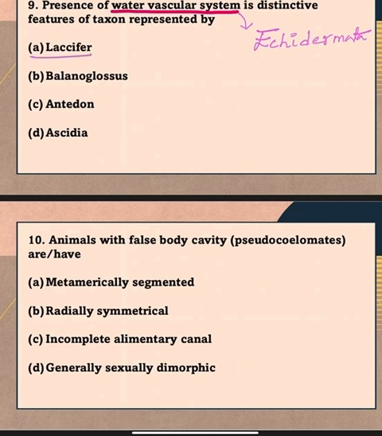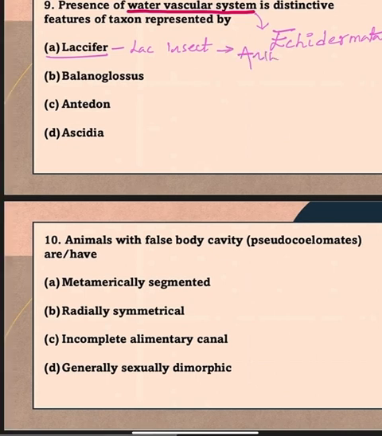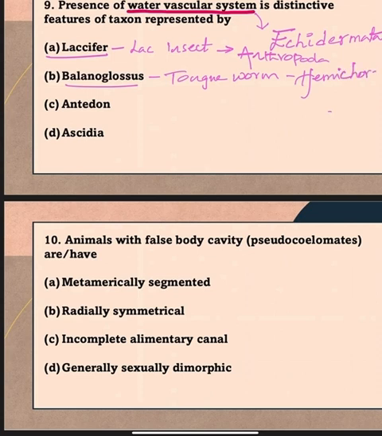Now here, Laccifer, the lac insect, belongs to Arthropoda. Balanoglossus, which we consider a tongue worm, belongs to Hemichordata.